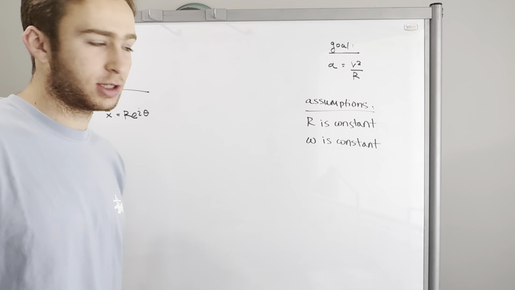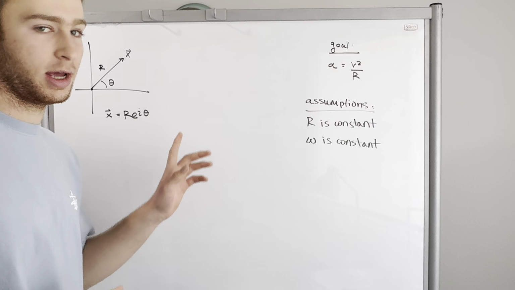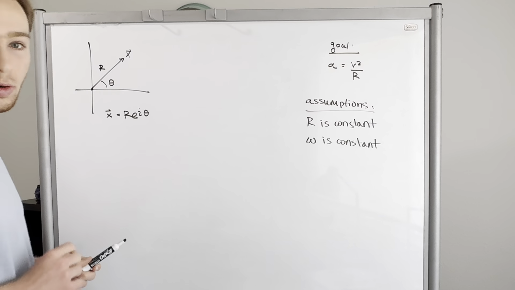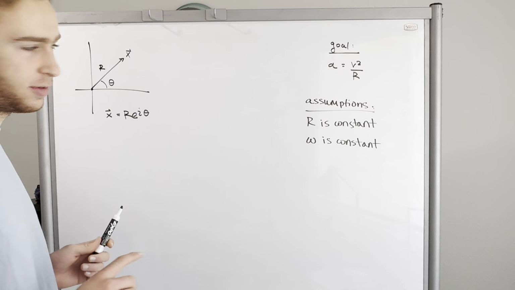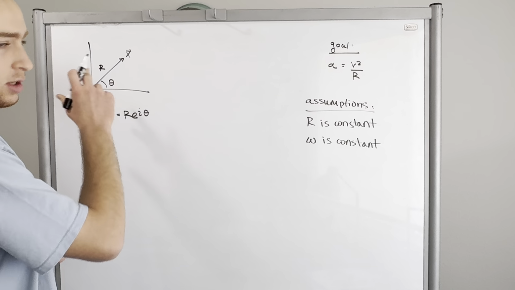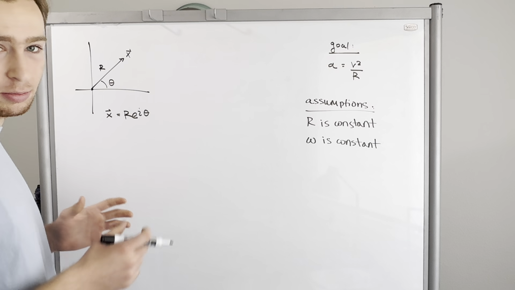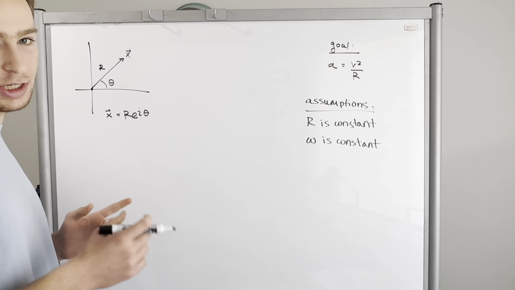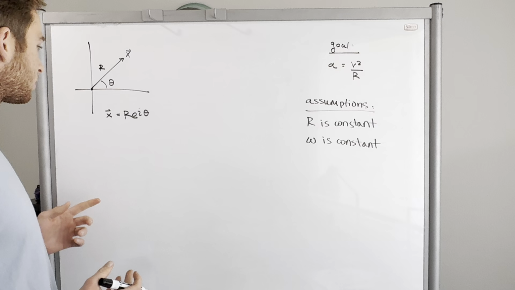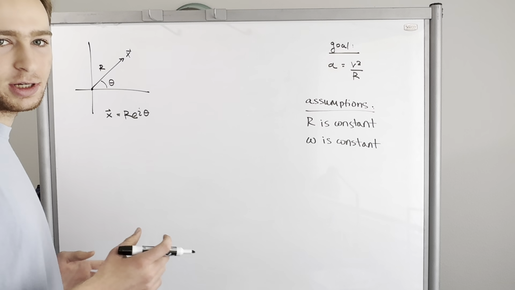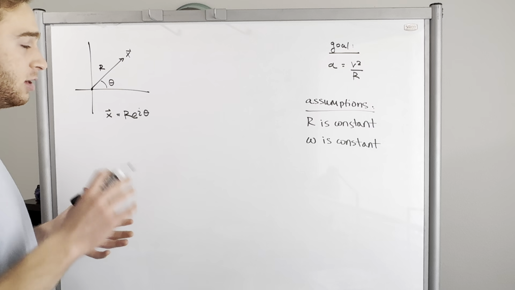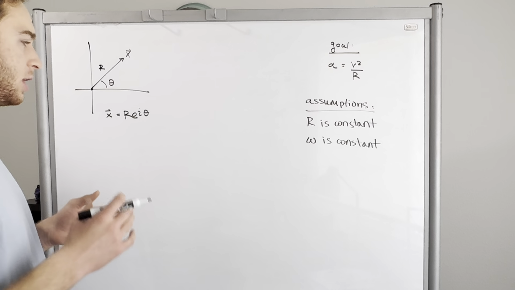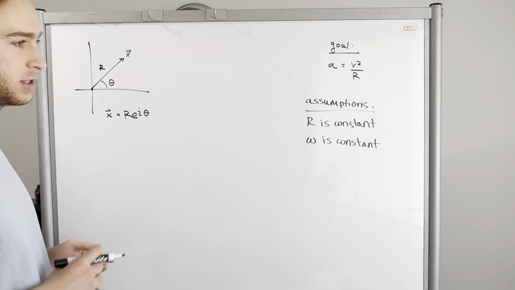And I'm going to be doing so by using Euler's identity, or not necessarily Euler's identity, but kind of a form of it, where you can express a vector on the coordinate plane using r times e to the i theta. And so I'm going to be using a position vector in the complex plane. But hopefully it'll make sense in a second why I'm doing so.